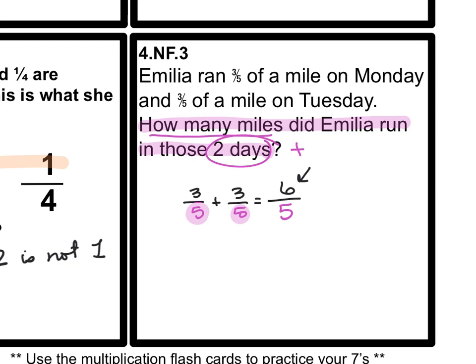In order to change this greater than 1 fraction into a mixed number, I can put a number bond in it, take out a whole number, and find out what's left over. So because my denominator is still 5, I'm going to make sure that my denominator stays 5 in this number bond. Okay, and then what I'm looking at is I need to pull out a whole number from 6/5.